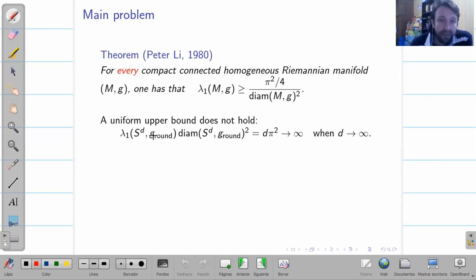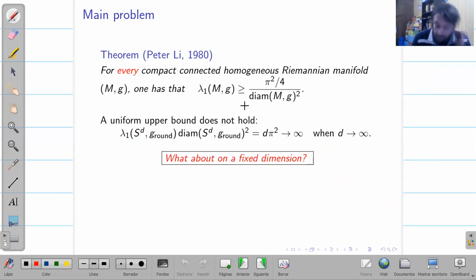Well, pick the round metric of the sphere, the one that has, for instance, constant sectional curvature 1, and it is well known that this number is equal to d, and this is equal to d, and this is equal to pi. The diameter is realized as the distance between the poles. And this goes to infinity when d does. So the reverse inequality doesn't hold.